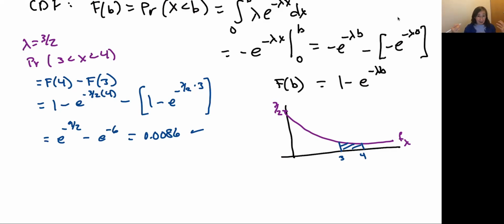Now you can just think about that in your head and say, well, if we have on average 2 per year, then I expect to wait half a year for the first one. And you would be exactly right. That is exactly what the expected value of x is, 1 over lambda, for the exponential. And the variance for the exponential is 1 over lambda squared.